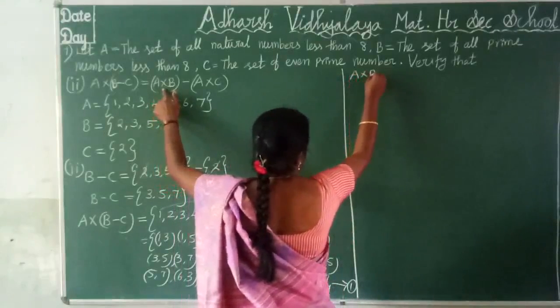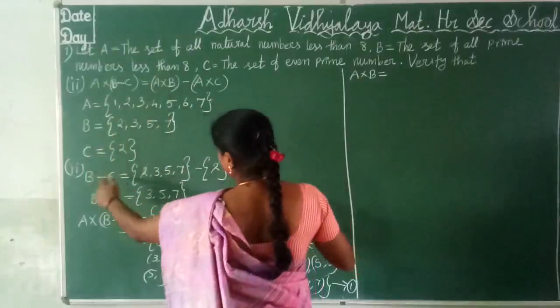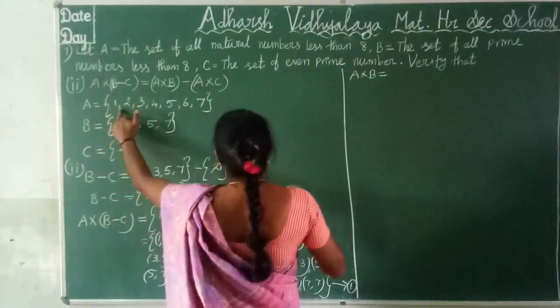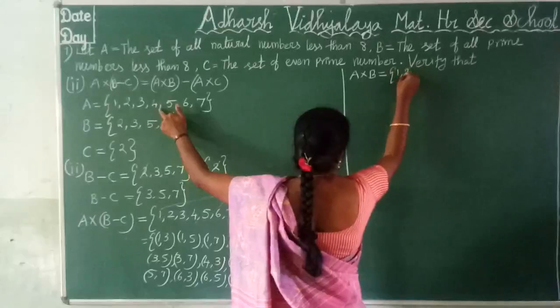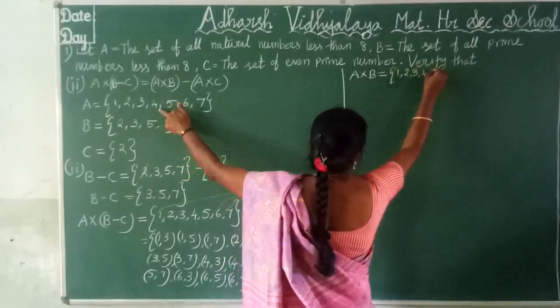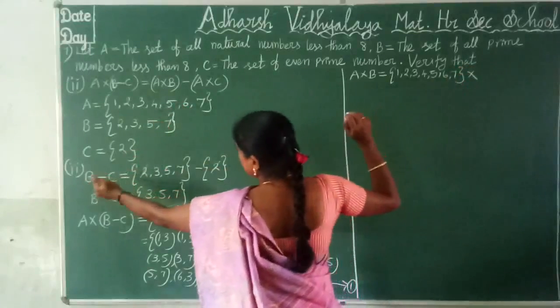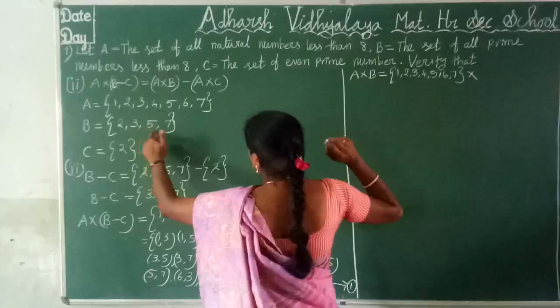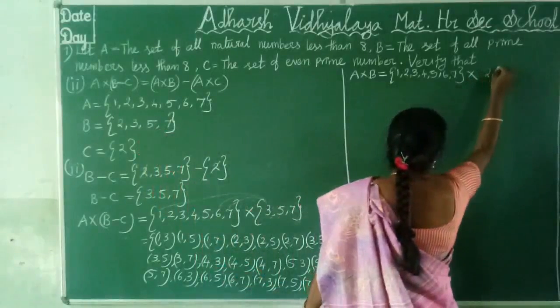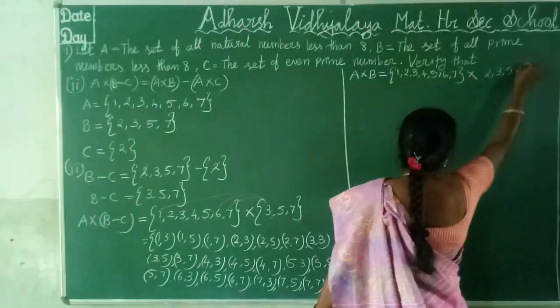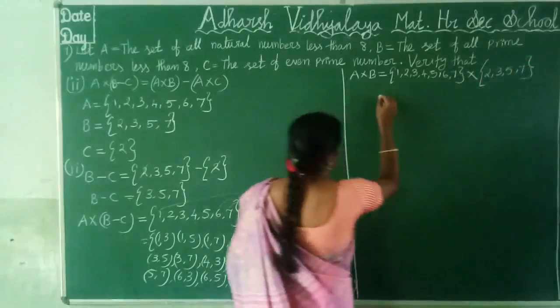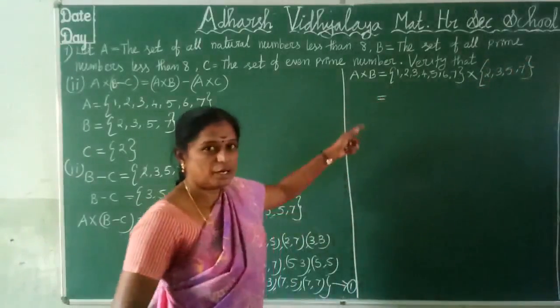Next you find A cross B. A cross B is equal to, write the A: 1, 2, 3, 4, 5, 6, 7, cross B: 2, 3, 5, 7. So write the ordered pairs.